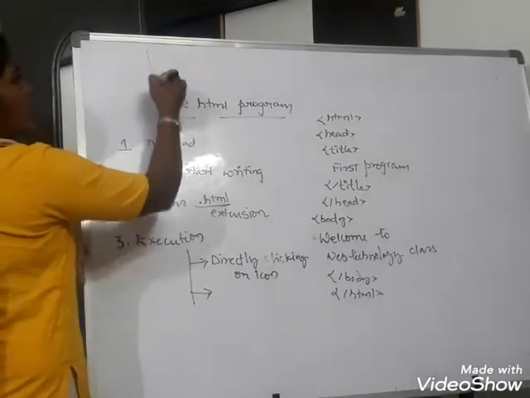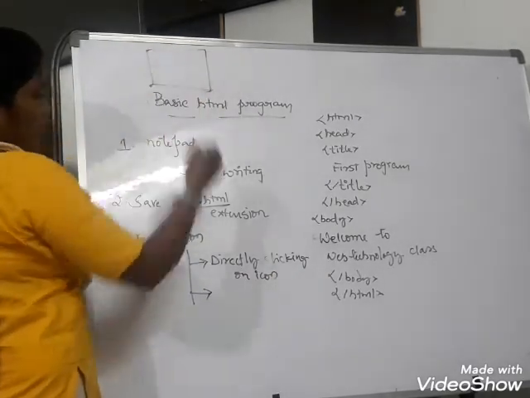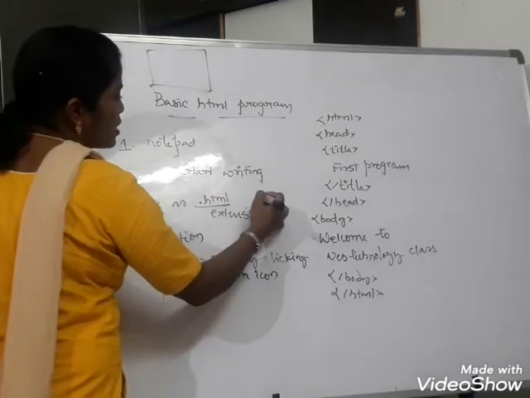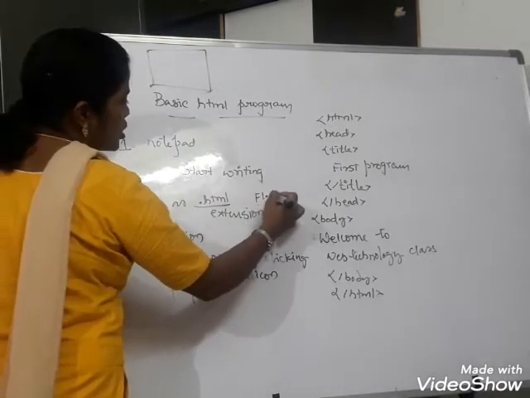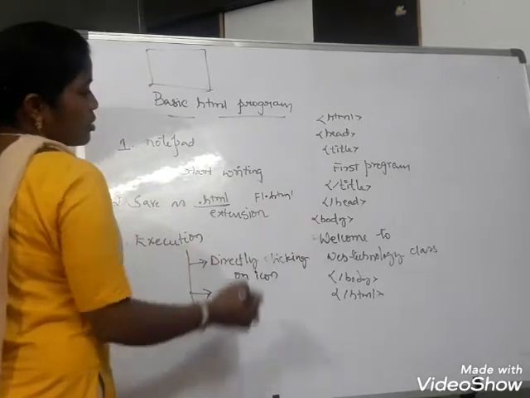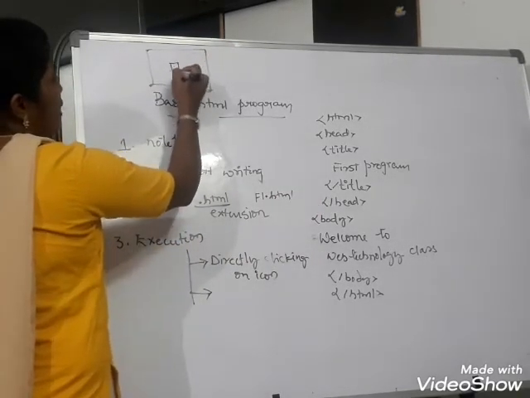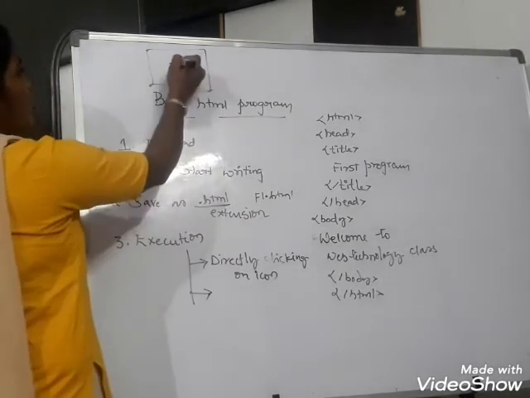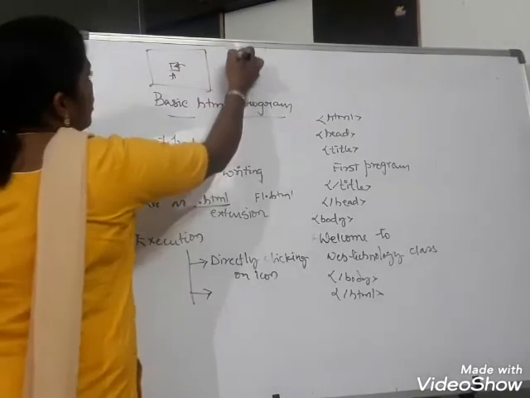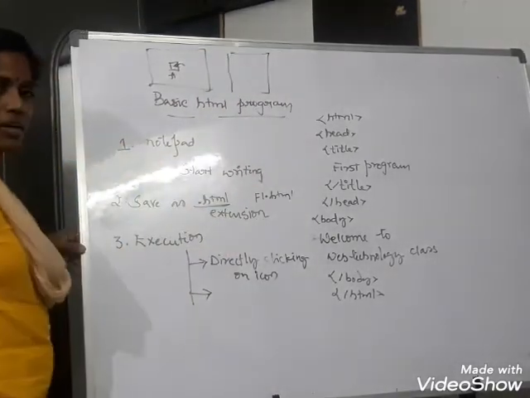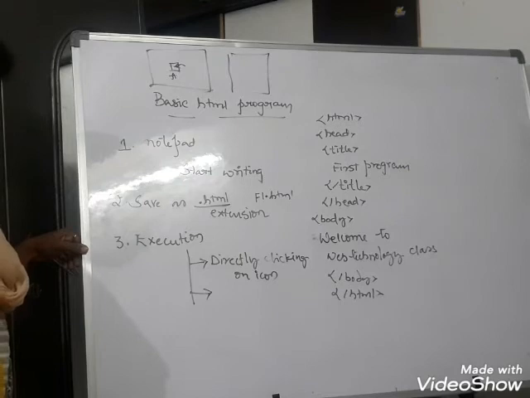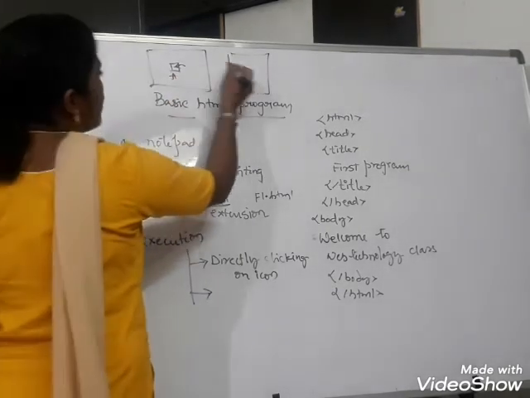Suppose this is your desktop, right? Suppose you have saved it as f1.html. So on your desktop you will be having a file like that, named F1. Whenever you click this, you will be able to see the screen where this F1 will be executed.